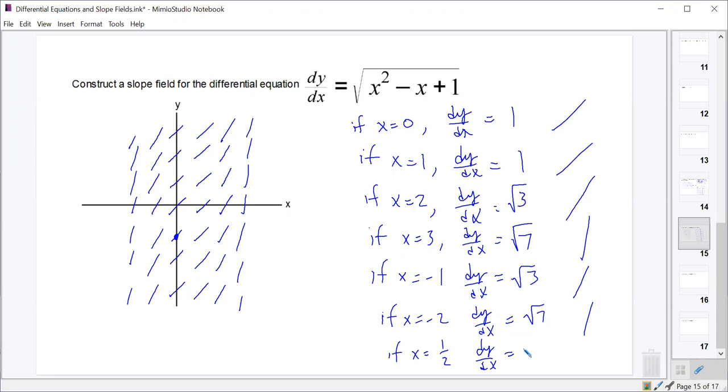So we'd have the square root of 3/4, or root 3 over 2, which is less than 1, so it'd be just a little bit less steep. So it should flatten out to a little less than 1 here, then go back up to 1, and then continue getting steeper, and get steeper down here. And we get something that looks about like that. It sort of looks like a cubic. It's not really a cubic, but it generally looks like a cubic.